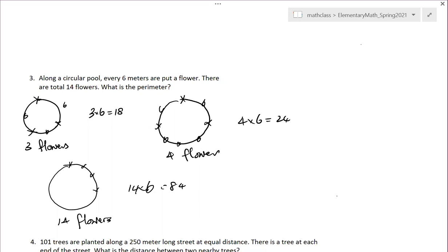But if those 14 flowers are put in a row, the answer will be different. Okay. If the distance between 2 flowers is 6, then the answer will be different.